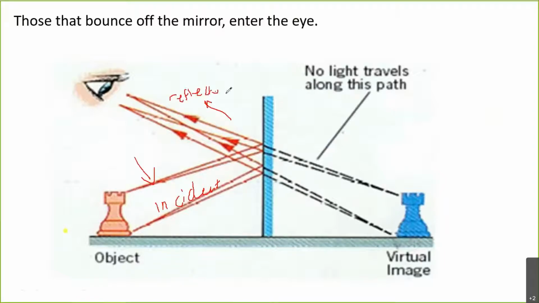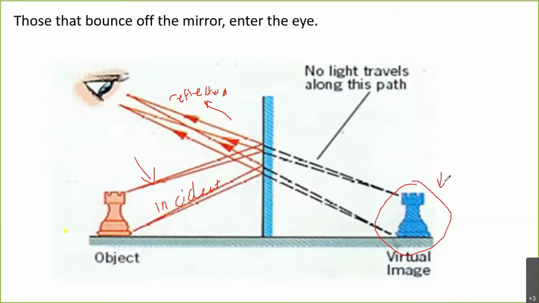Now, the image that is produced is actually the spot where, if we were to extend these rays back, all the rays would meet up, as if it were coming from this spot right here.